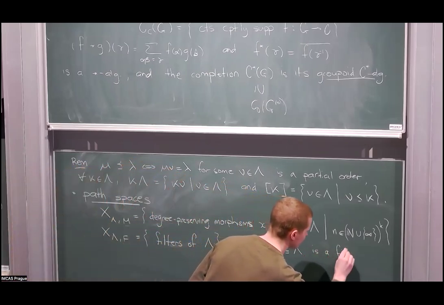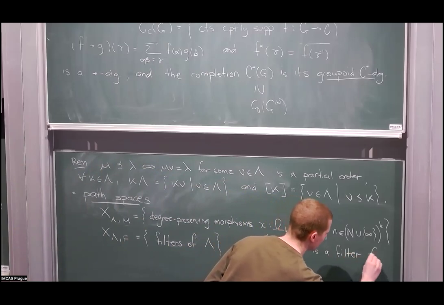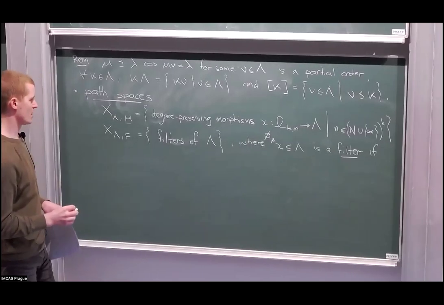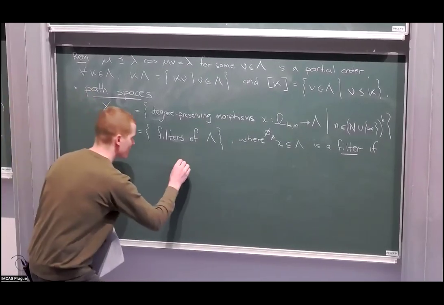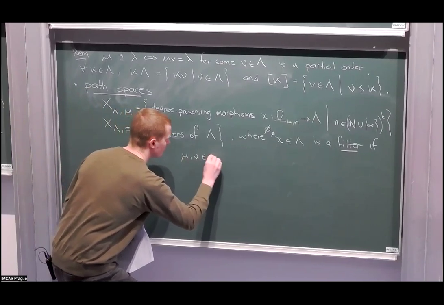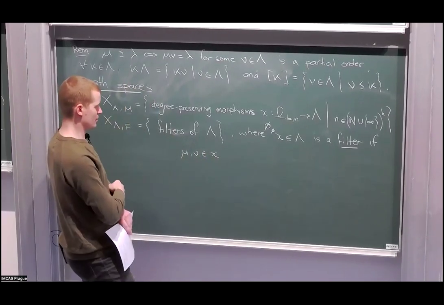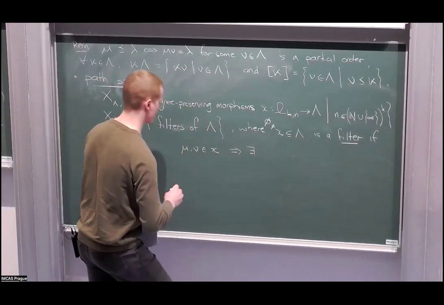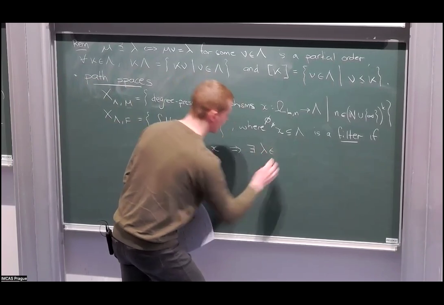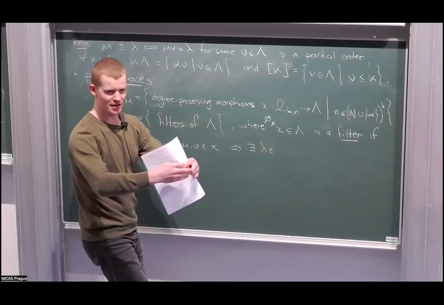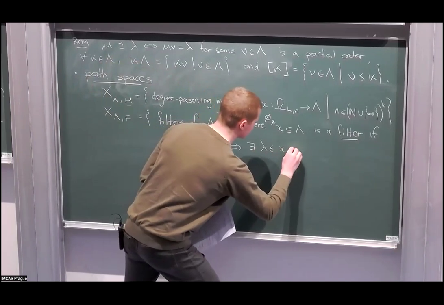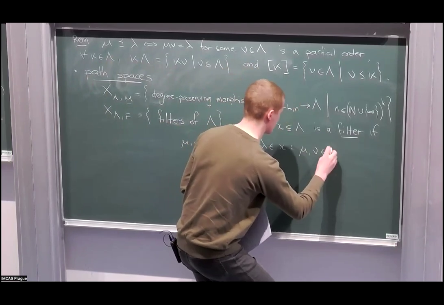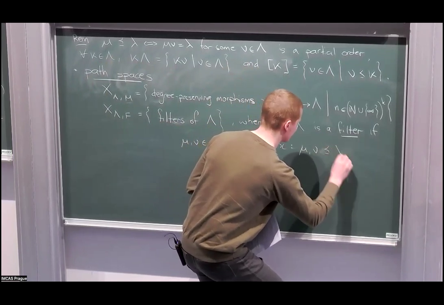X is a filter if anytime I have two paths, mu and nu, in my subset X, then there is some common extension of them in the subset.